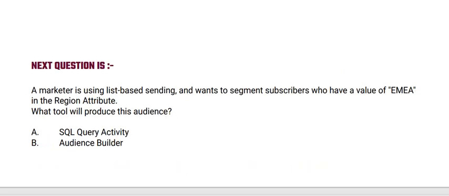Next question is, a marketer is using list based sending and wants to segment subscribers who have a value of EMEA in the region attribute. What tool will produce this audience?